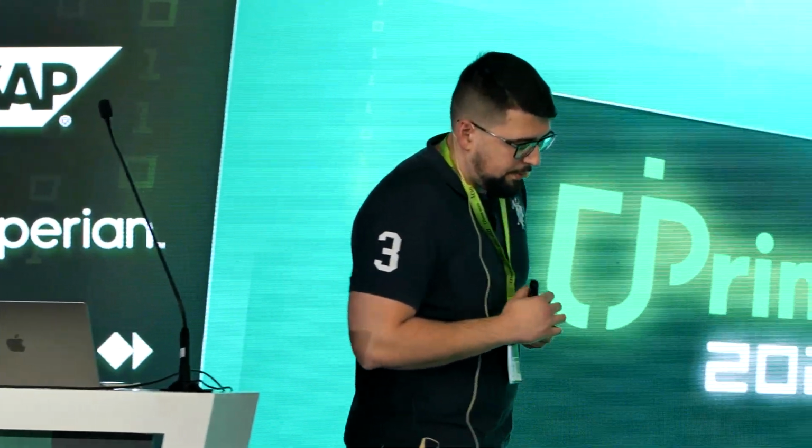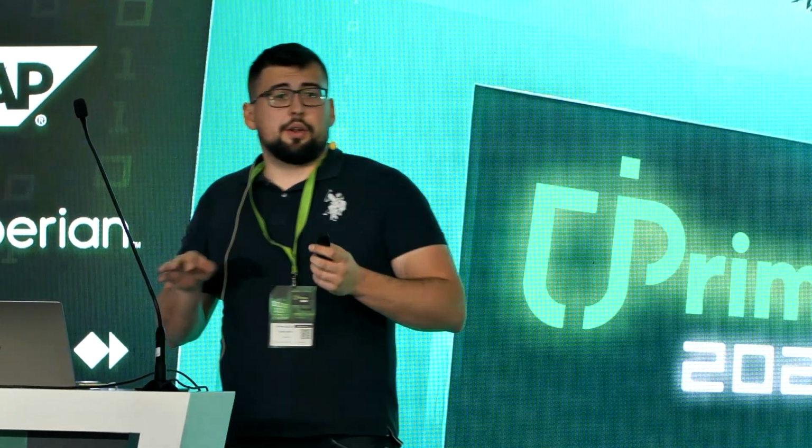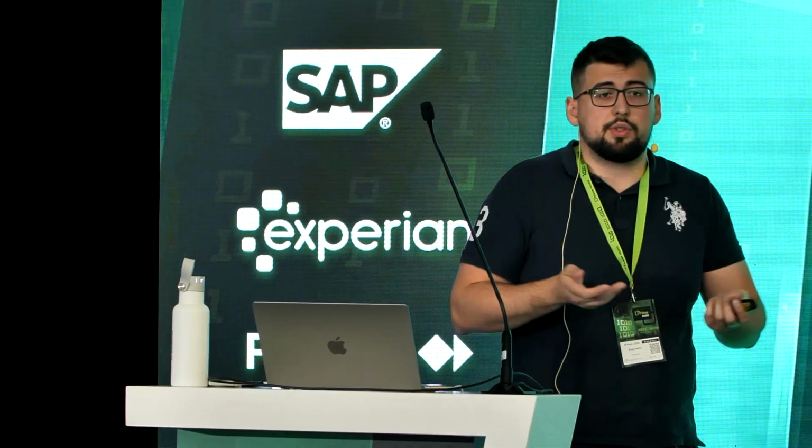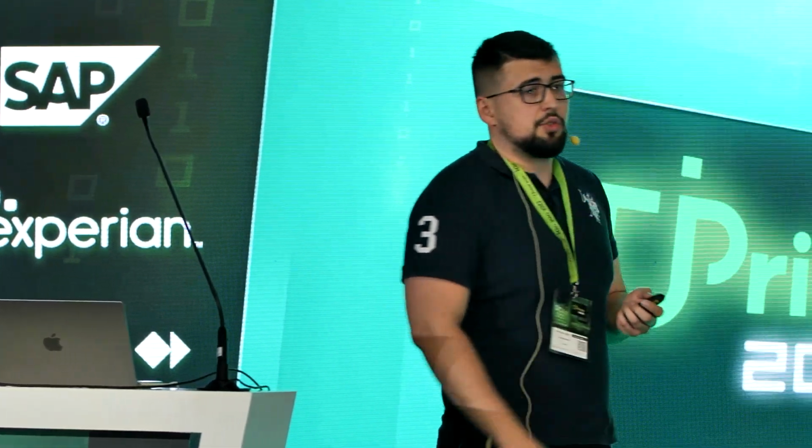Okay, what about the acknowledgement? Well, if you don't specify anything in an annotation and your method does not throw runtime exception or just ends successfully, we are going to do automatic acknowledgement for you. But if you have runtime exception failing this method that is annotated with an SQS listener, we are just going to not acknowledge it because, right, it does not make sense for us to acknowledge it.